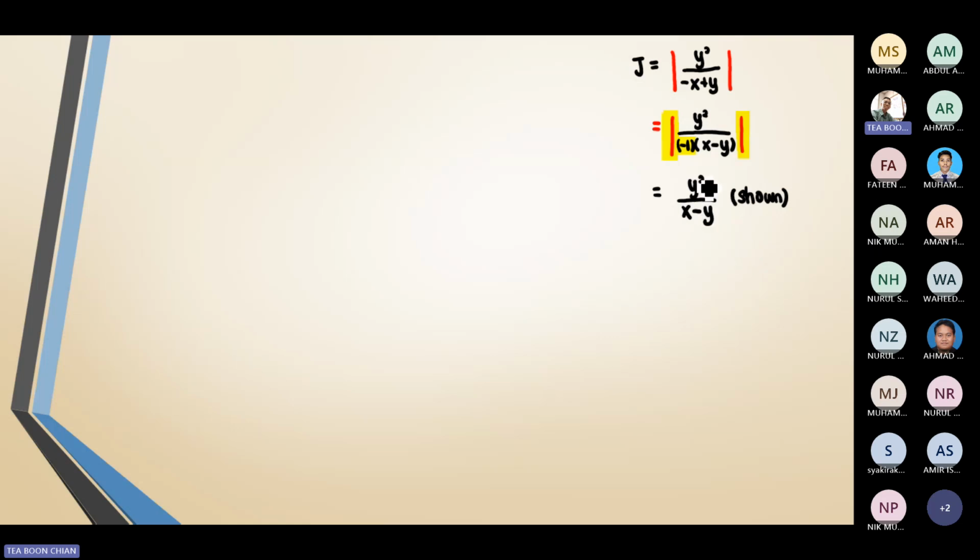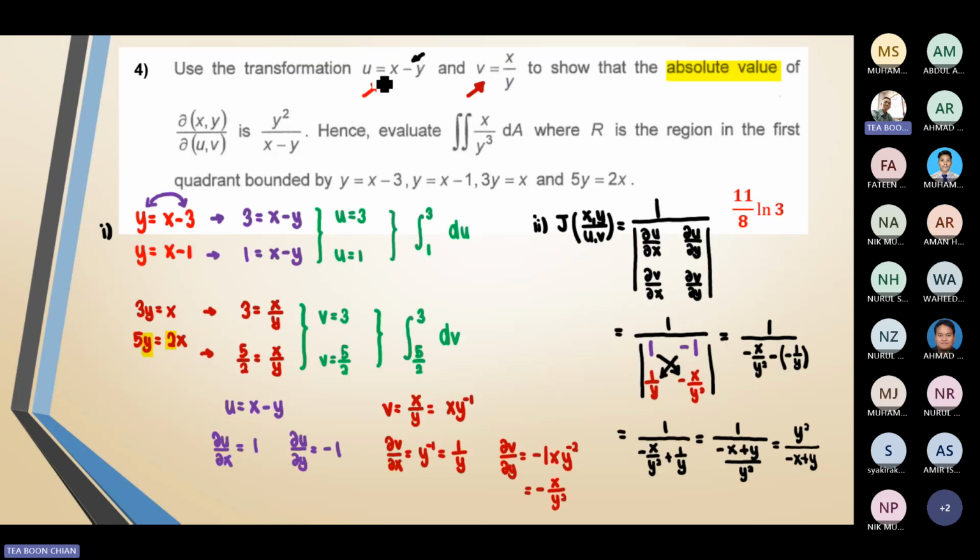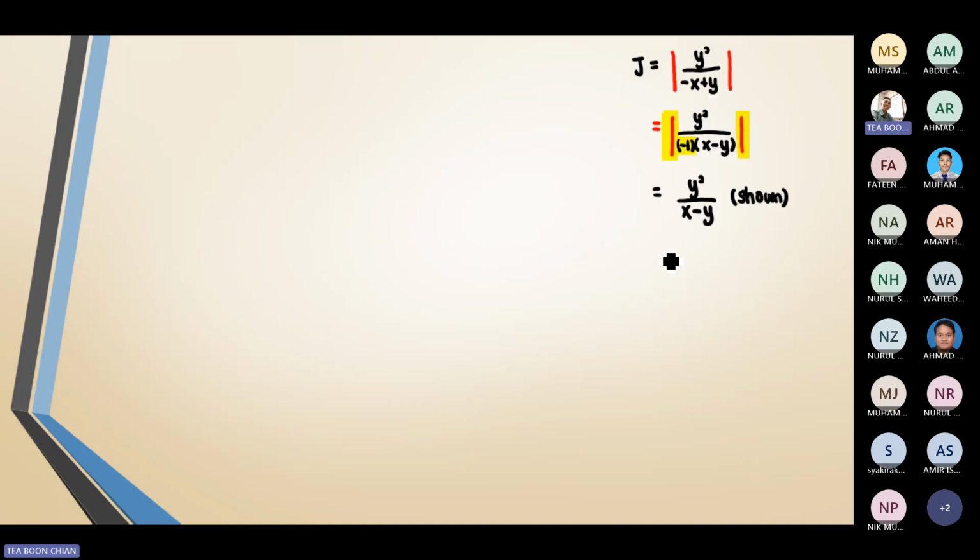Now, if you match y squared over x minus y, the first thing you can convert is actually u, because u equals x minus y. Therefore, from here, you can change into y squared over u immediately.